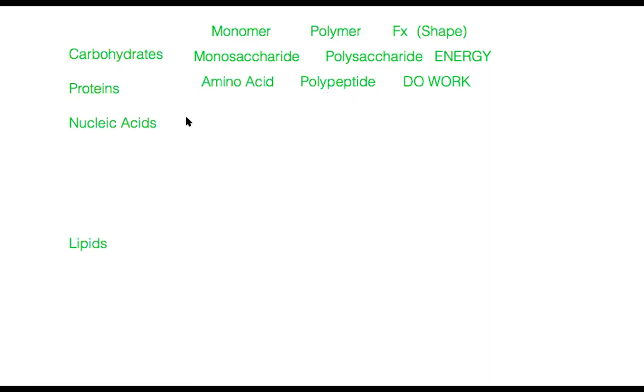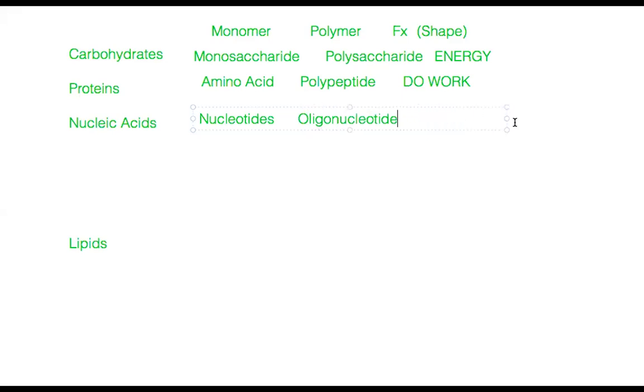The last one that we can easily break into these categories are our nucleic acids. So their monomer are nucleotides, which are our A's, T's, G's, and C's for DNA, and our A's, U's, G's, and C's for RNA. The polymer, we call them an oligonucleotide, oligo meaning multiple, lots of things, oligonucleotide.